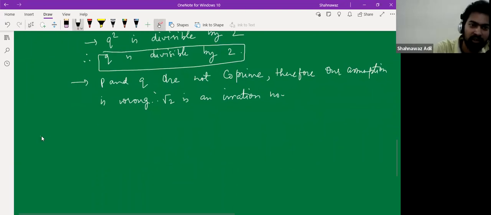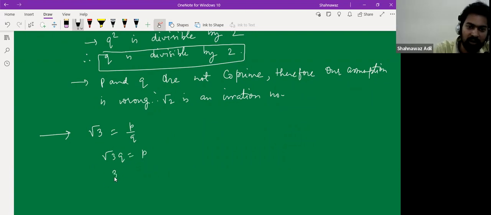No, sir. So similar case with root 3. Let me quickly tell you the key idea: we assume that root 3 is p by q, where p and q are co-prime. So we write root 3 q equals p, and squaring, this will be 3q square equals p square.